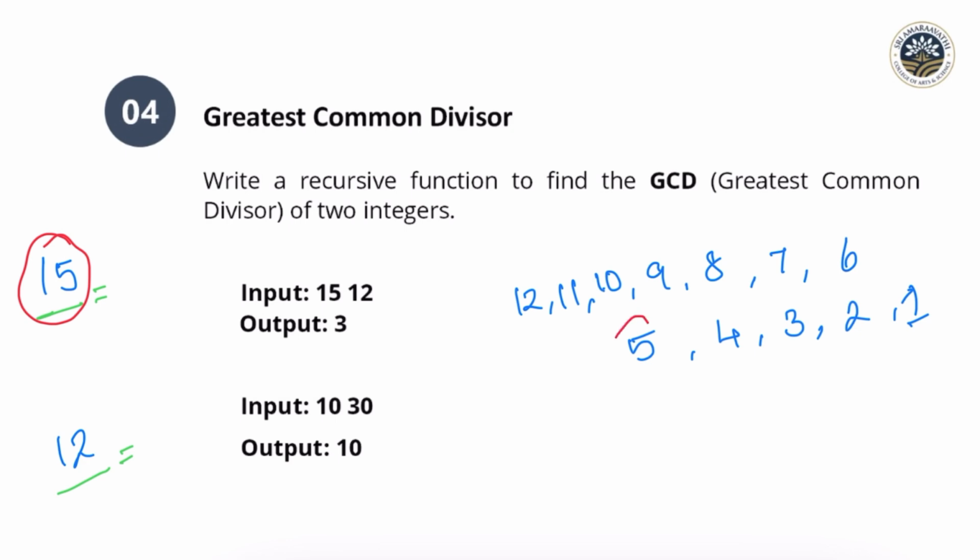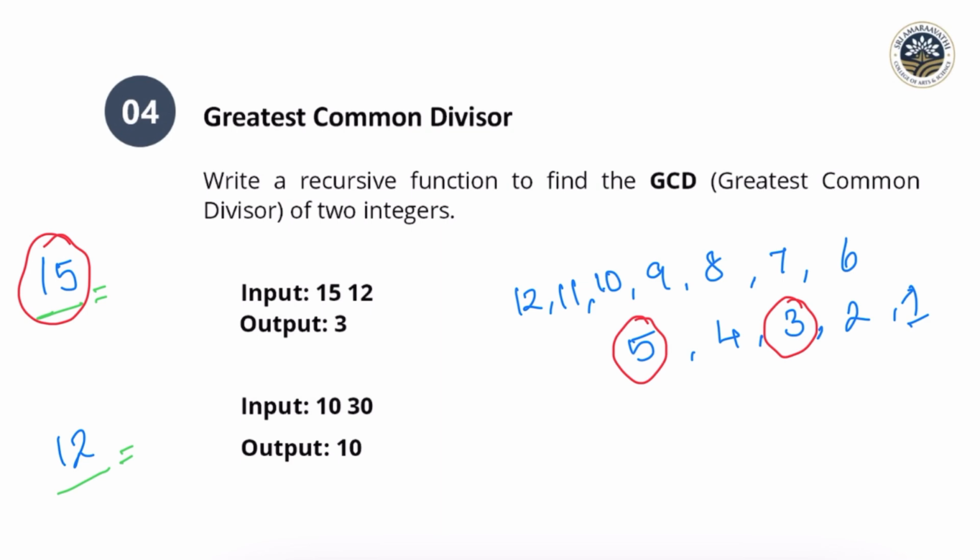Clearly 5 and 3. These are the two numbers that will divide 15 and give the remainder 0. Okay, they will completely divide 15. Other numbers will surely not divide.